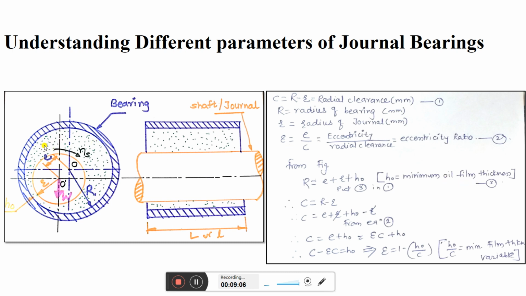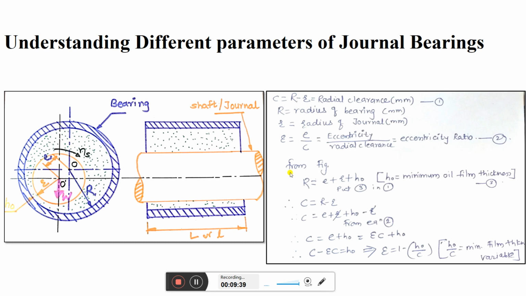The green one is the oil film thickness. The oil film thickness is maximum in this region, and as we go toward the region where the oil film thickness goes on decreasing, at a particular point you get the minimum oil film thickness, that is called H0. So capital R is equal to e plus r plus H0.